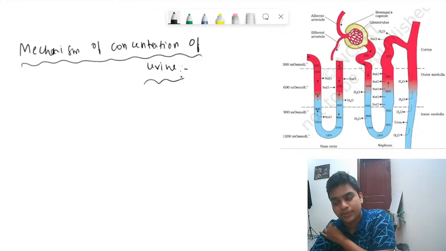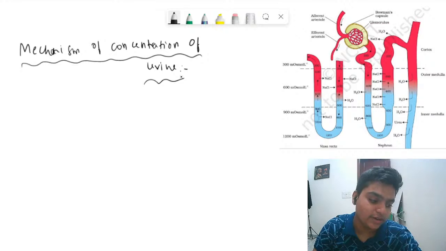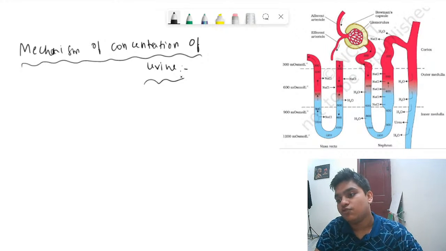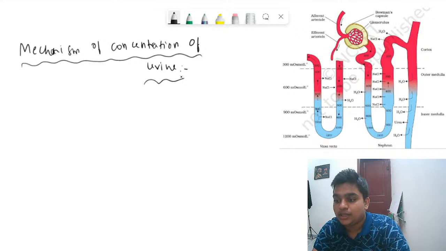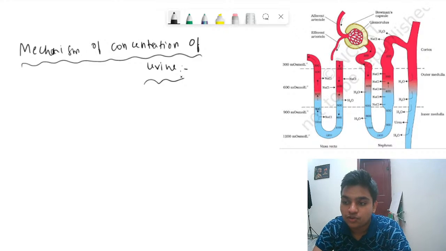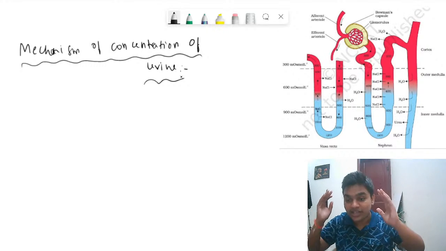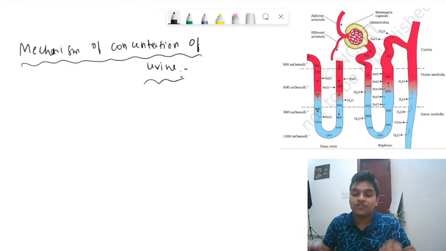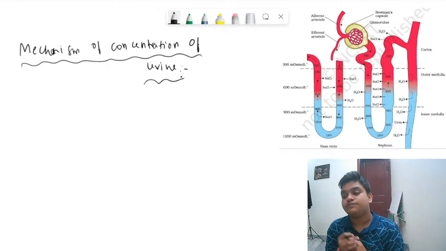Now the thing is, guys, I have told you about reabsorption already. In this reabsorption, I have told that the primary urine which is produced is more diluted. It consists of much water. If you excrete that primary urine as waste, we will get dehydrated.